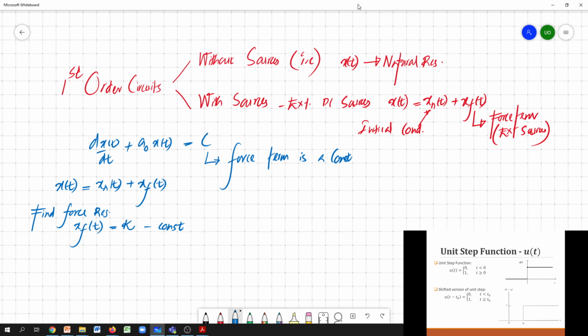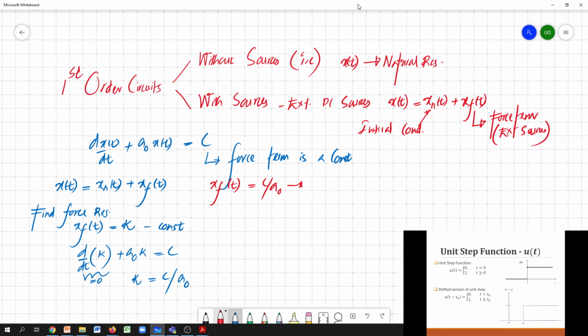If you substitute, the derivative of the constant k plus a naught k should equal c. The derivative of the constant is 0, so from this we can simplify the forced response as c over a naught. So our forced response x_f(t) equals c over a naught.